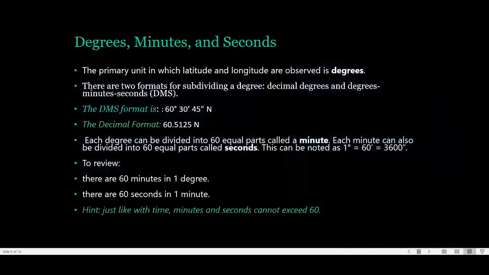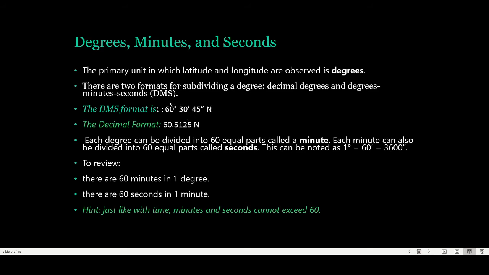So moving forward, we are now going to talk about degrees, minutes, and seconds. There are two formats for subdividing a degree: decimal degrees and degrees, minutes, and seconds. The DMS format would be 60 degrees, 30 minutes, and 45 seconds north.